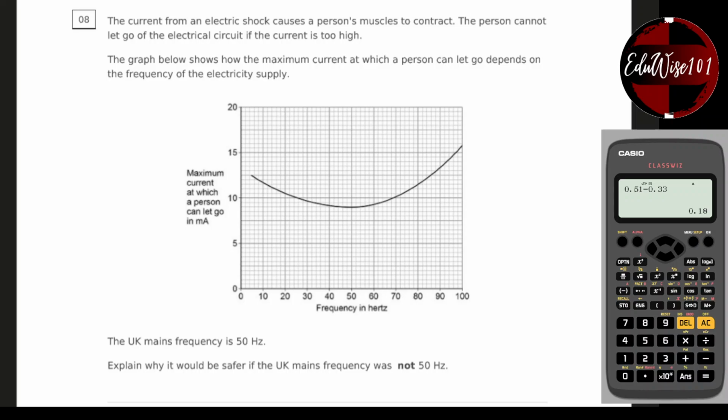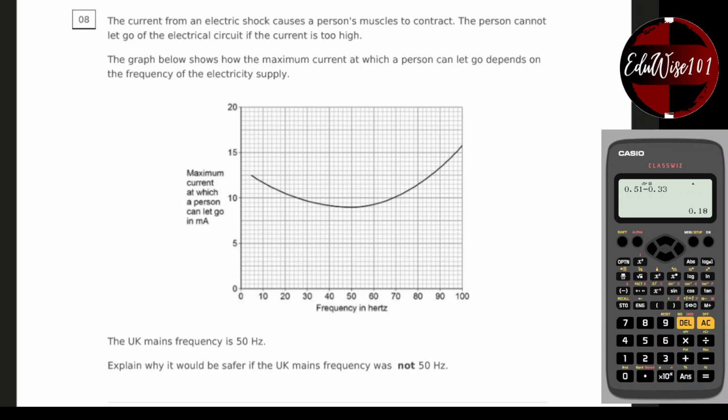Now you want the current to be lowest at which a person can let go, which is at the bottom of the graph, because current is what actually hurts people. So the lowest current at which a person can let go is found at 50 Hertz.